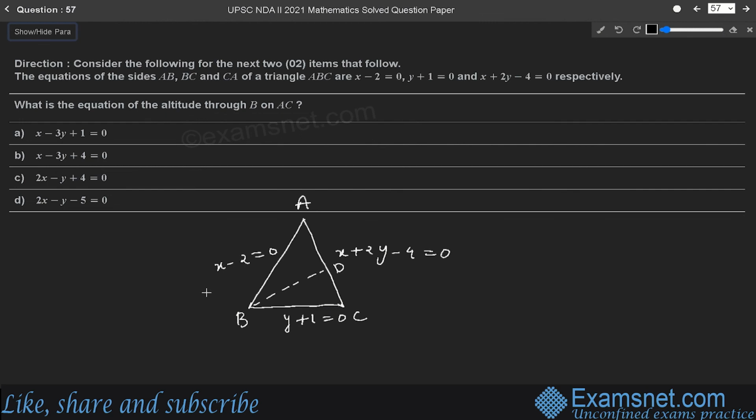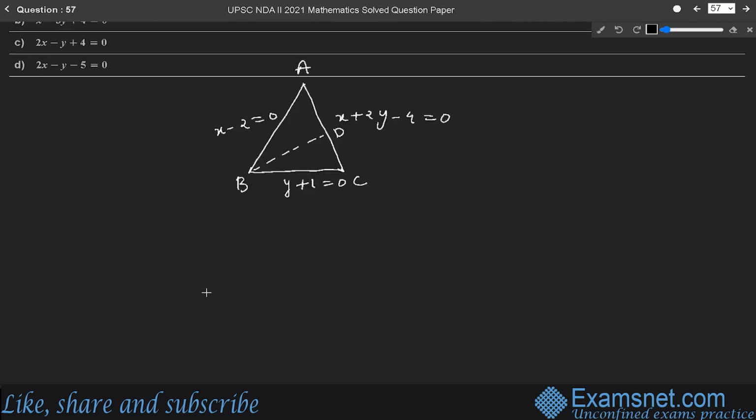The equations of AB, AC and BC are given in the question. So by solving equation number 1 and equation number 2, we will get x = 2 and y = −1. So the point B will be (2, −1).